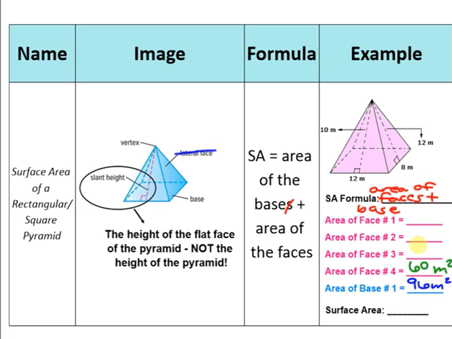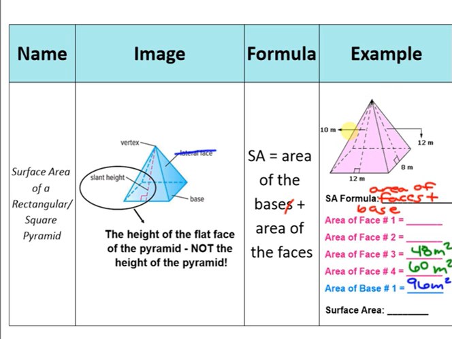And it doesn't matter which face you put it on here because at the end of the day, we're going to add them all together. Now I'm going to take this face right here. So this is 8 times 12 times 0.5 because that's another triangle. So 8 times 12 times 0.5, and that's going to give me 48 meters squared.